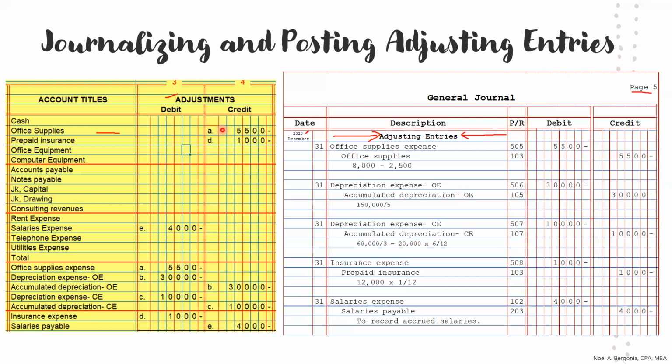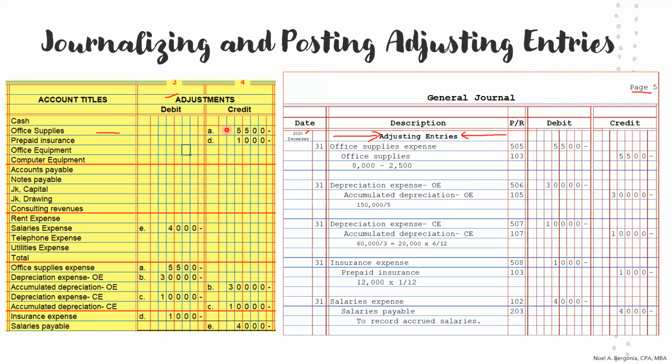So the sequencing of the adjusting entries may differ from our activities. But at the end of the day, you should journalize properly based on what we discussed in module number 4 about the proper adjusting entries per type of adjusting data.